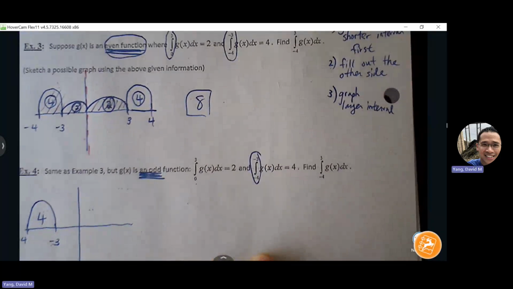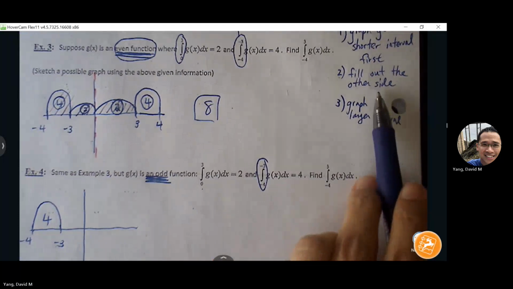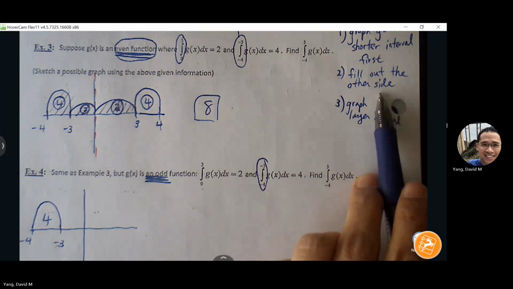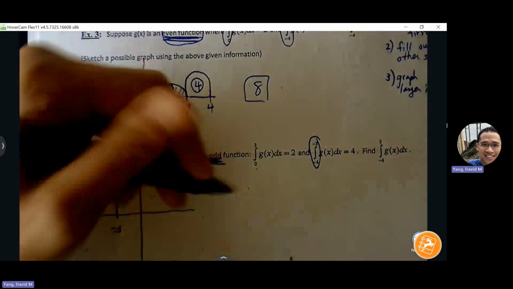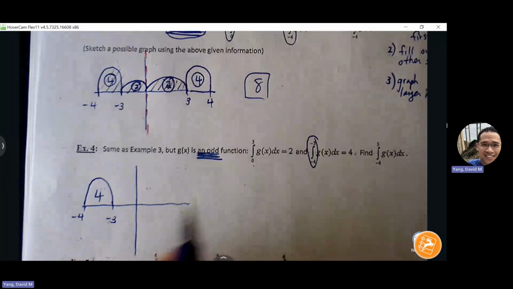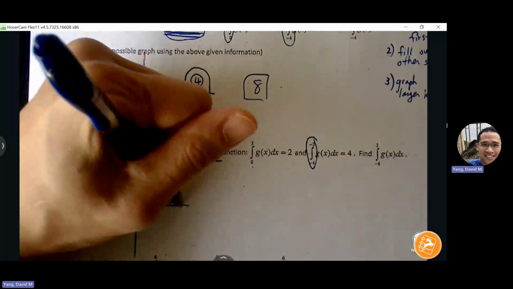Okay, what's our next step? Fill out the other side, fill out the opposite side. So if we know this side is 4, what do you know about the other side? Because it's odd, we're going to get equal but opposite, okay?